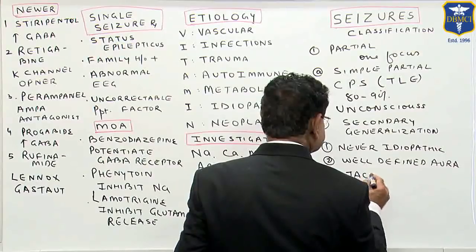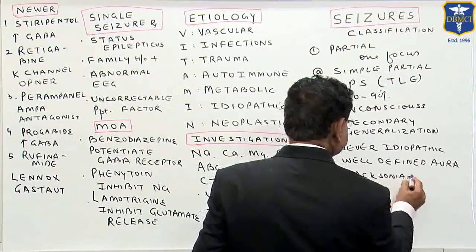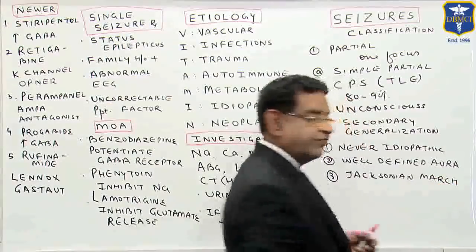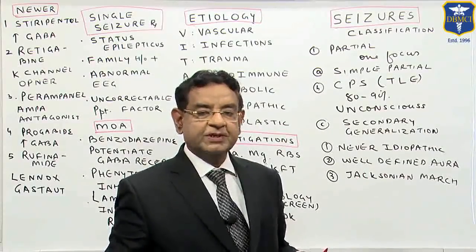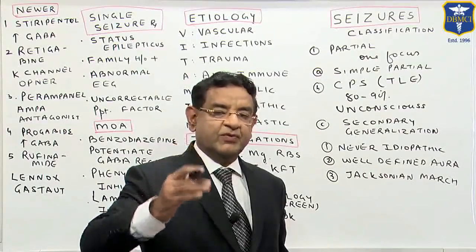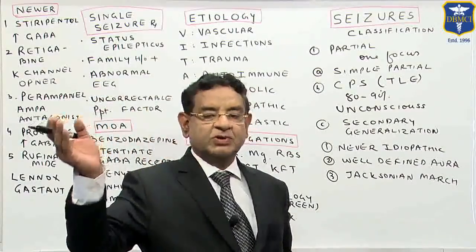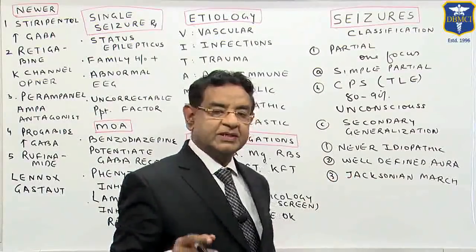Third, Jacksonian march, is again a feature of partial seizure. The seizure starts in one focus, and as the disturbance of electrical activity spreads to other parts, that is the so-called Jacksonian march.